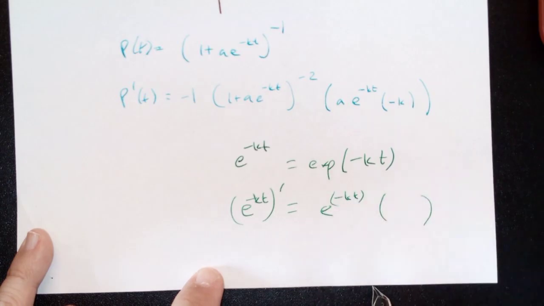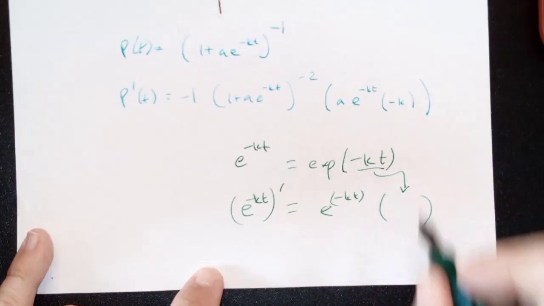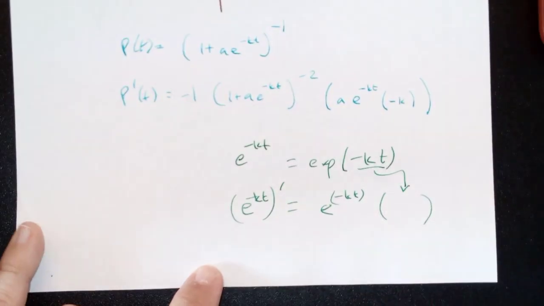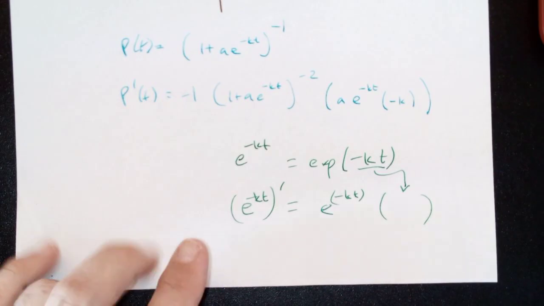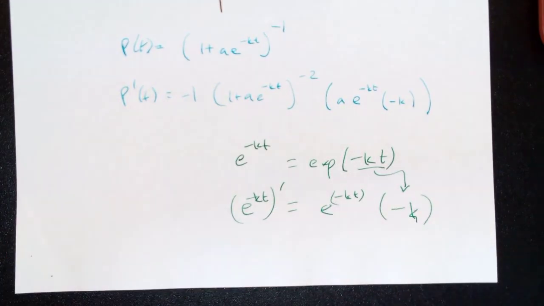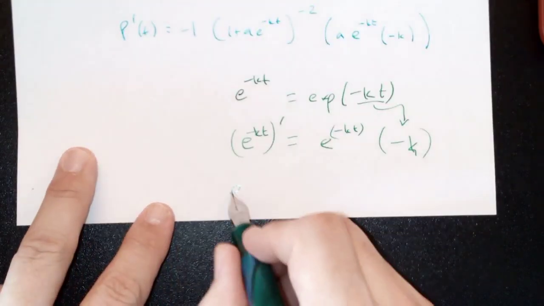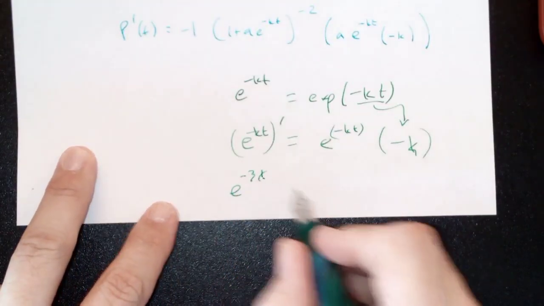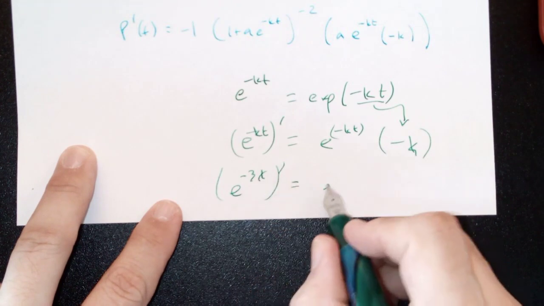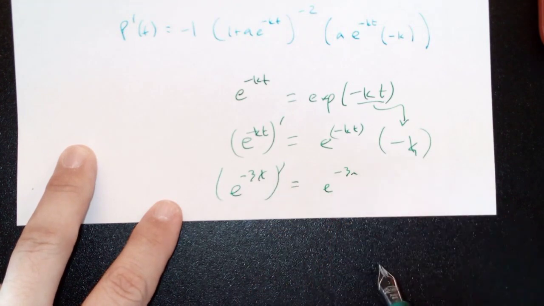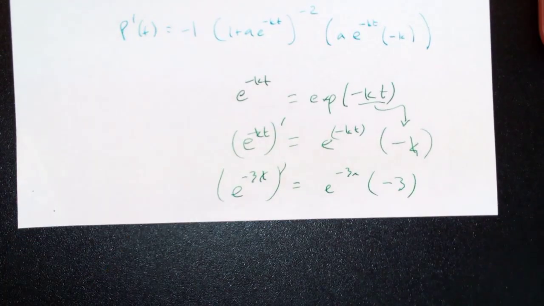But wait, there's more: the derivative of the inside. What's the derivative of number times x? It's just the number. So let's actually do numbers. e to the minus 3x: the derivative is e to the minus 3x again times minus 3.